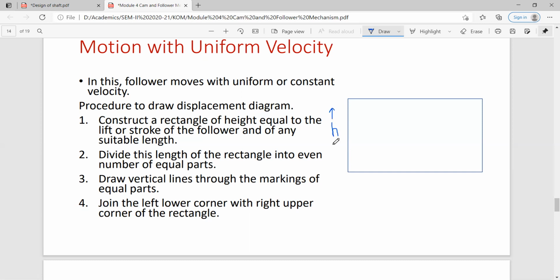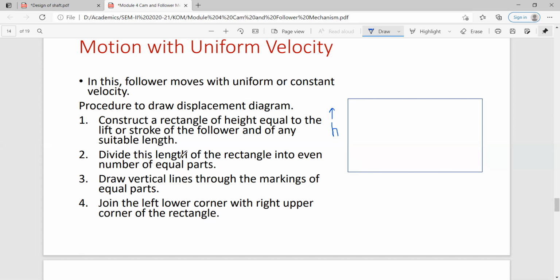Lift is the maximum travel of the follower, the distance between its two extreme positions, the lowest position and the topmost position. So this height must be equal to the lift of this rectangle, and the length could be of any size. You can keep this length as anything, no problem.